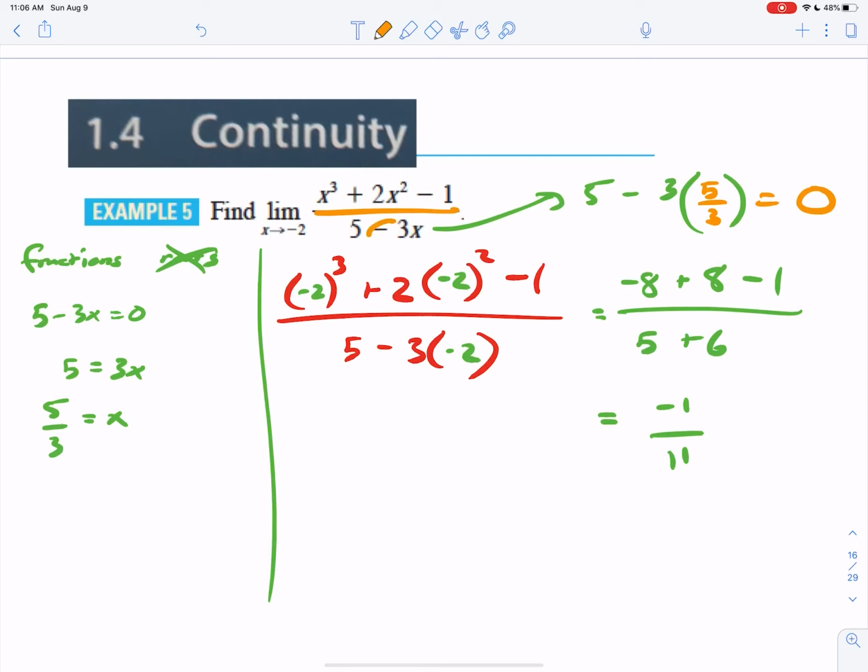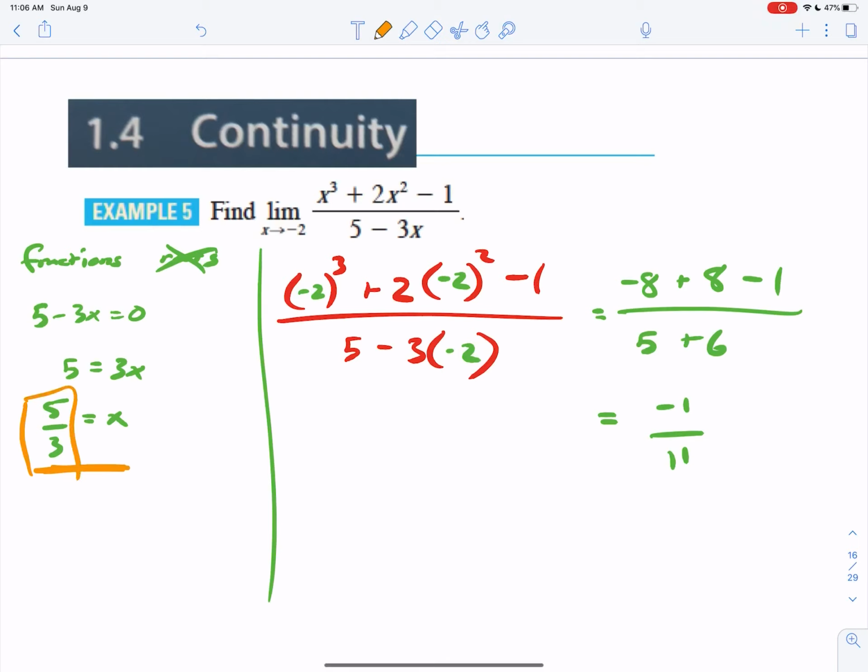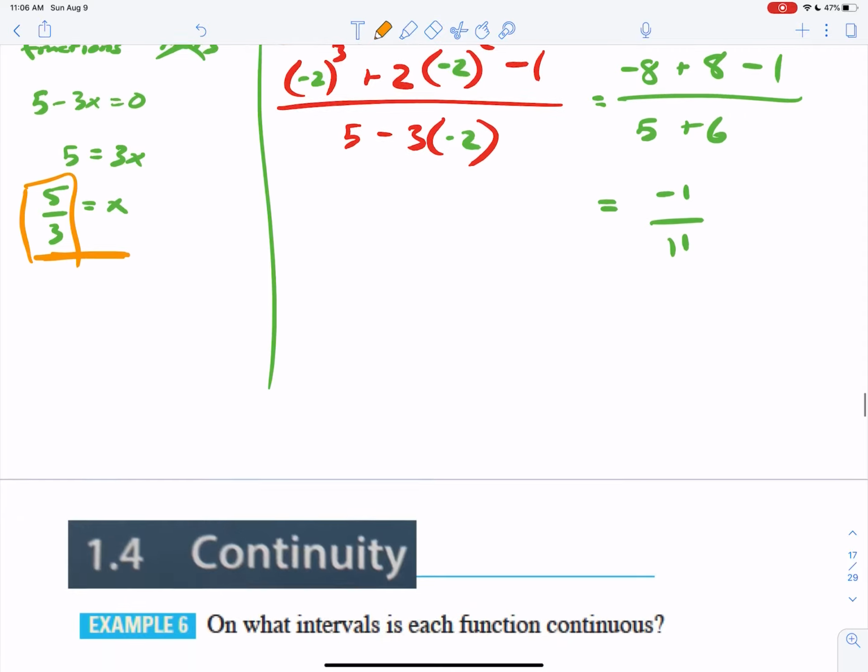And if it's 0 at the bottom, it's going to be undefined, right? So look, as long as I'm not approaching 5/3, direct substitution will always work. Since -2 is not 5/3, I know I'm going to get a value out of it. And that's the reason why it works, because of the notion of continuity. Okay? So how do I actually put it into play? This was really just to explain to you guys how it works, okay?